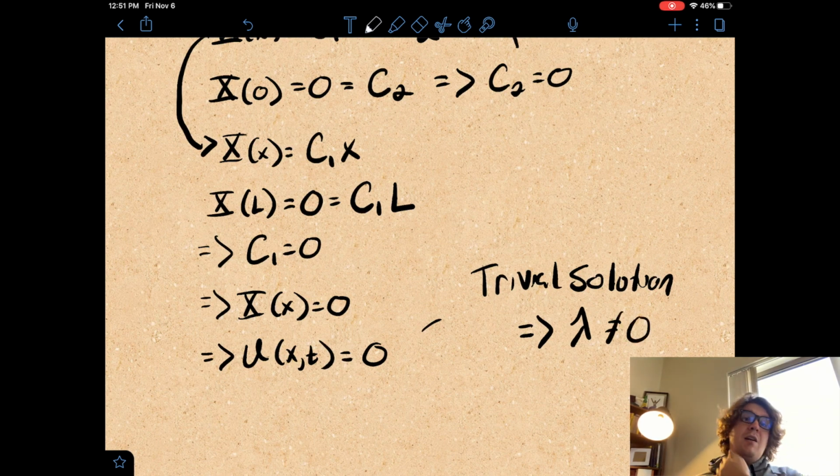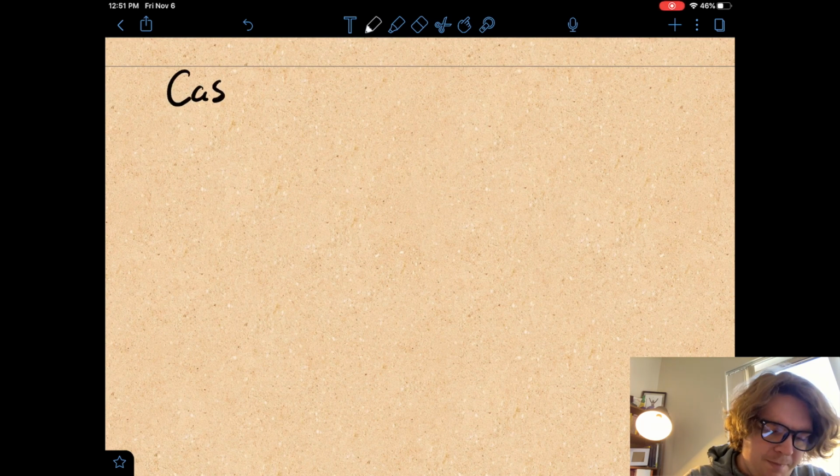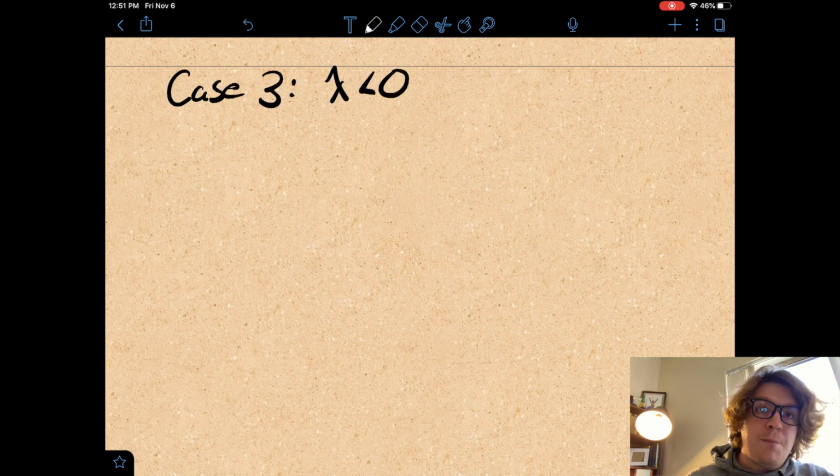All right, so we're kind of running out of choices of lambda. So hopefully lambda can be negative. Otherwise, all this thought process is going to be for naught. So let's look at case 3. What happens if lambda is less than 0?